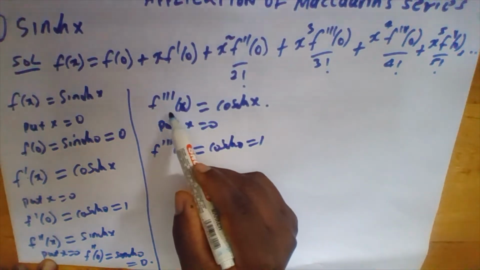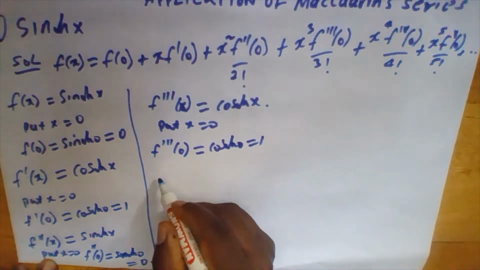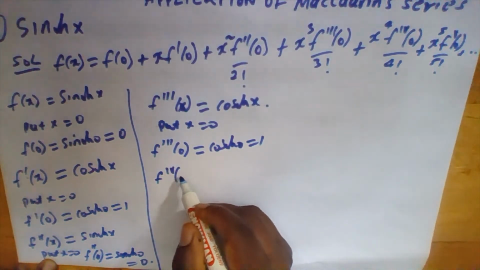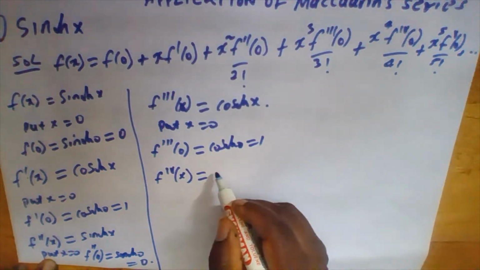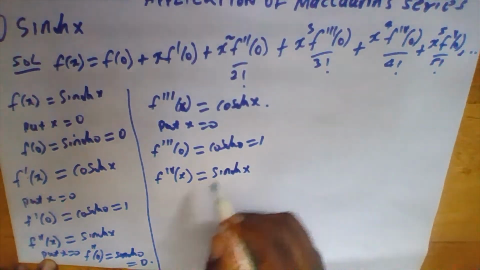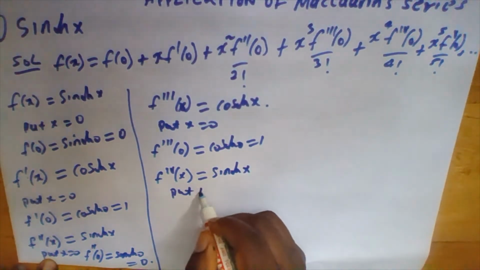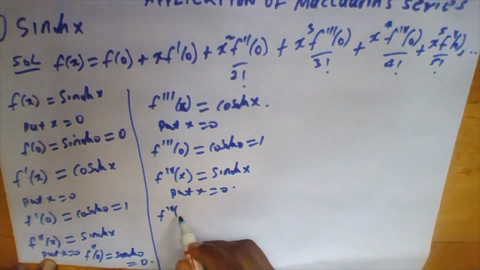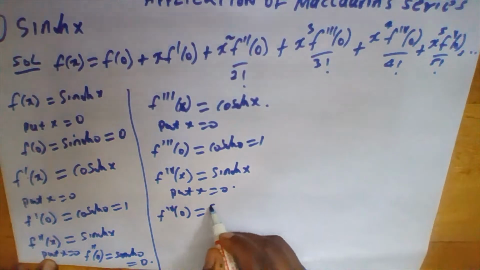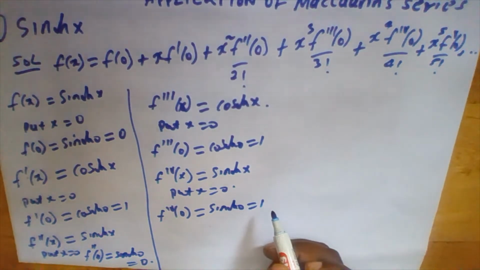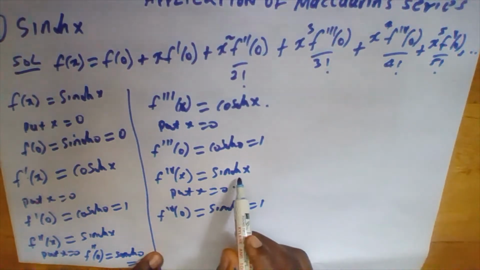When we differentiate this equation again, we have the fourth derivative of x, which equals sin x. We put x equals 0. So here we have sin 0, which equals 0. Differentiate this equation again.